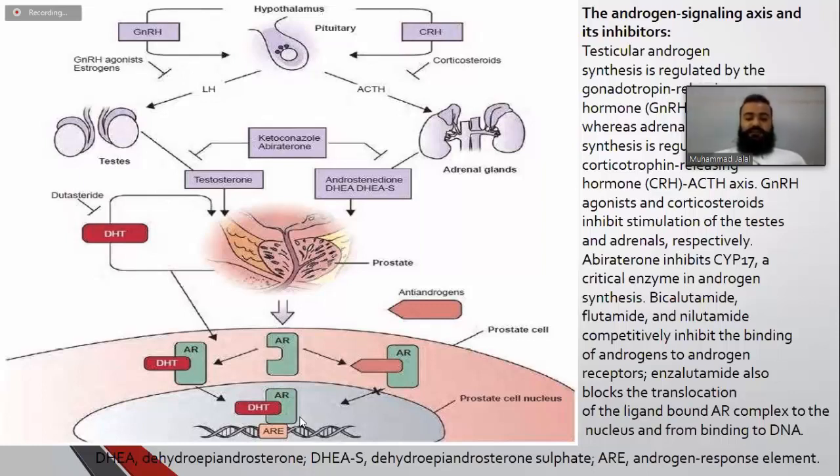Abiraterone inhibits CYP17, a critical enzyme in androgen synthesis. Bicalutamide, flutamide, and nilutamide competitively inhibit the binding of androgens to androgen receptors. Enzalutamide also blocks the translocation of the ligand-bound androgen receptor complex to the nucleus and prevents it from binding to DNA.